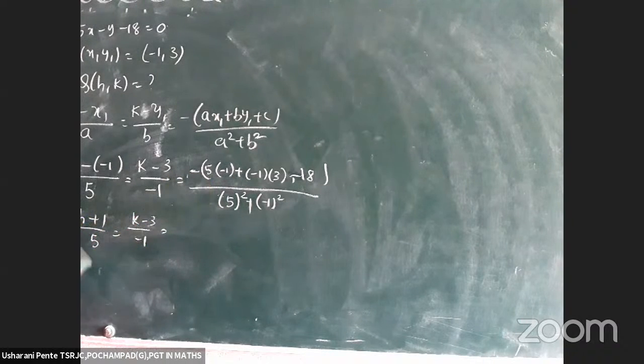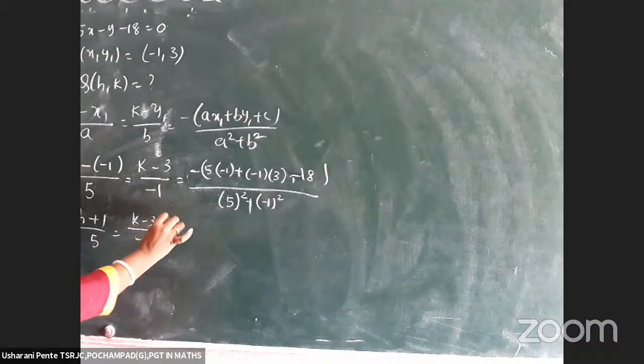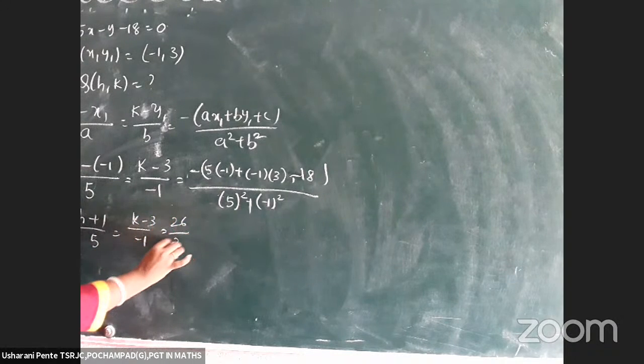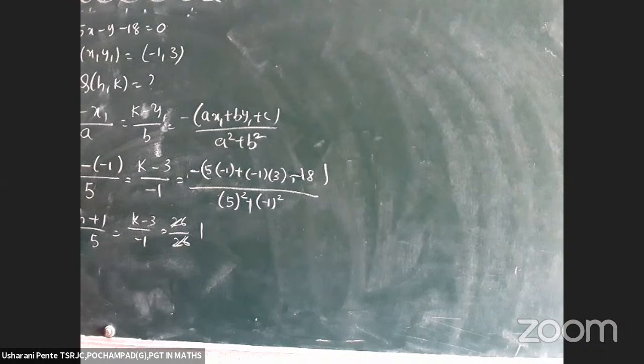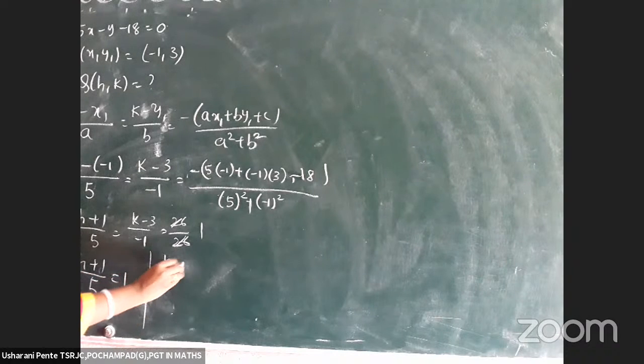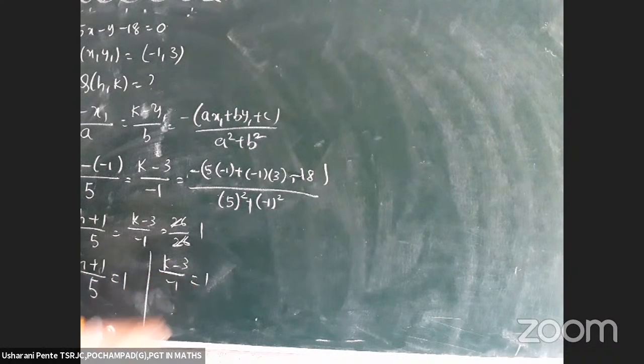So the mod of that is 26 by 25 by 26, so again we get 26. Here it gets cancelled, so it will be 1. So (h plus 1) by 5 is equal to 1 and (k minus 3) by minus 1 is equal to 1.